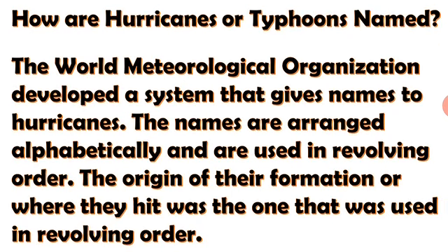How are hurricanes or typhoons named? The World Meteorological Organization developed a system that gives names to hurricanes. The names are arranged alphabetically and are used in revolving order. So there is a prepared list of names. Okay?